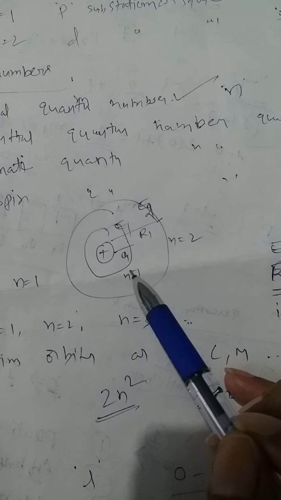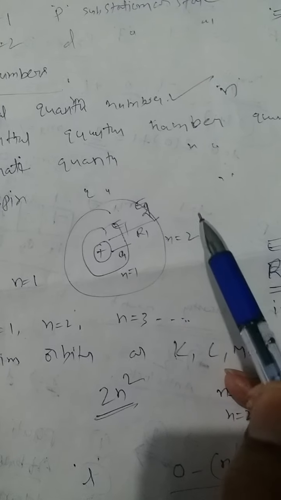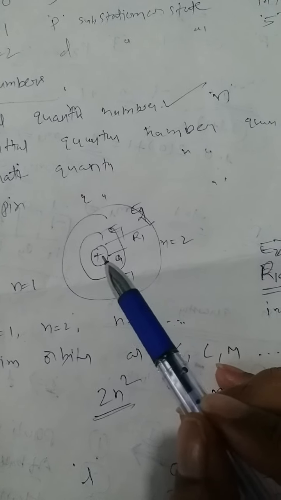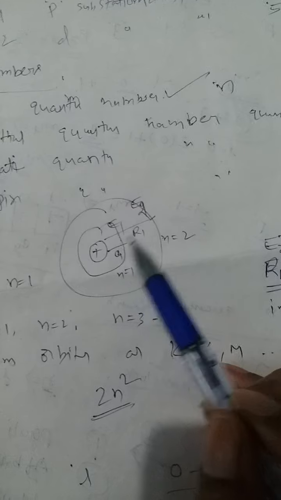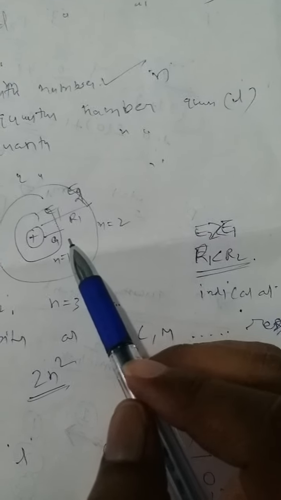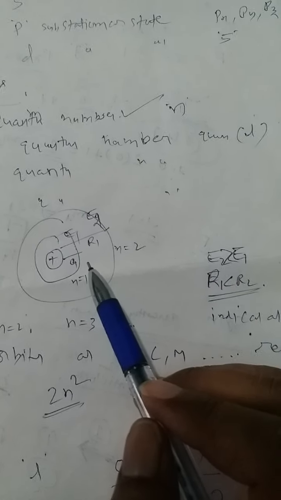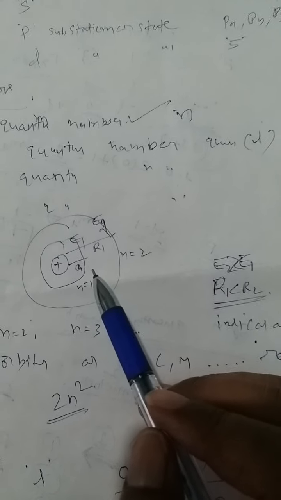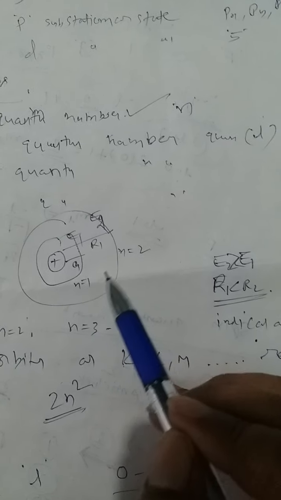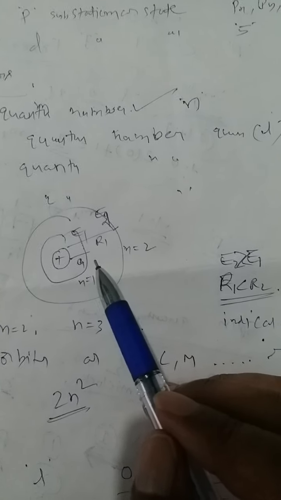As we move far from the nucleus, the n value increases, and the stationary orbit size and energy also increase. That means the principal quantum number tells about the energy and size of the stationary orbit.